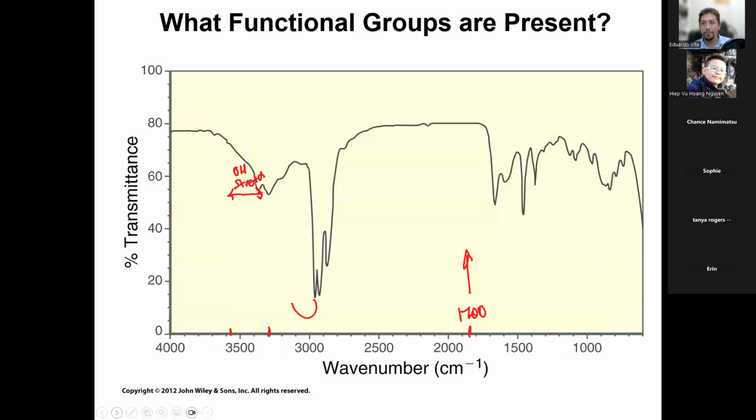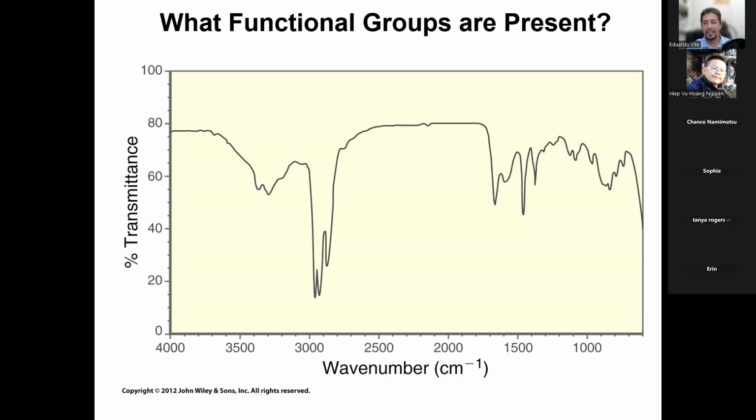Alrighty. So next example. I didn't clear the drawings. Here we go. Alrighty. So what are the functional groups in this molecule? The functional groups in this molecule.